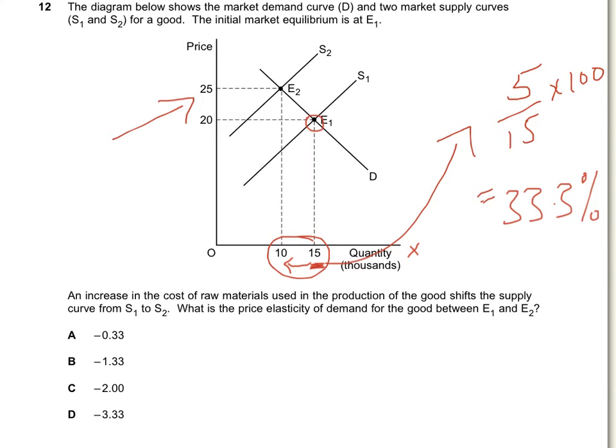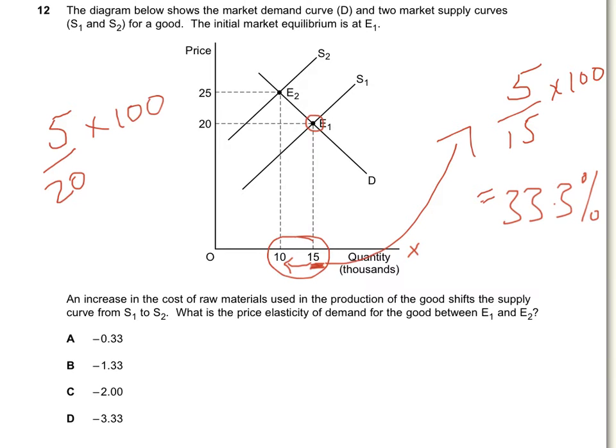My next stage is to work out percentage change in price, which is a difference of £5 over a starting value, because that corresponded with the first equilibrium, of 20. So 5 over 20 times 100 gives me a percentage change of 25%.